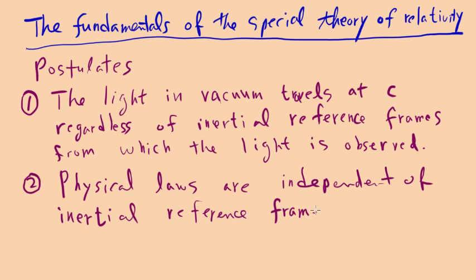Okay, so in these two postulates, we see that the expression inertial reference frame appeared twice. That's no coincidence. An inertial reference frame is an extremely important concept, and Einstein's theory can be thought of as generalizing the concept of the inertial reference frame from the Newtonian concept. So what is an inertial reference frame?